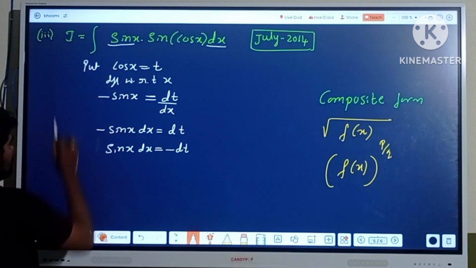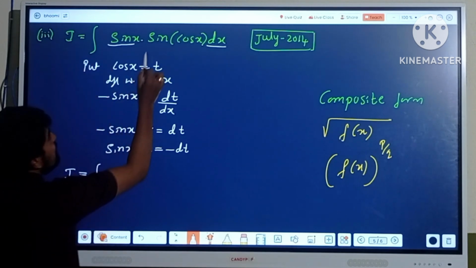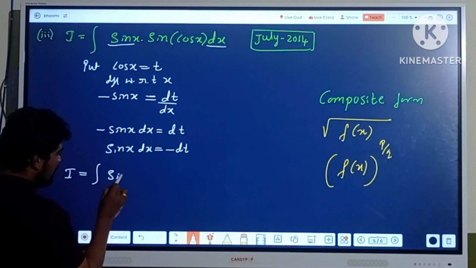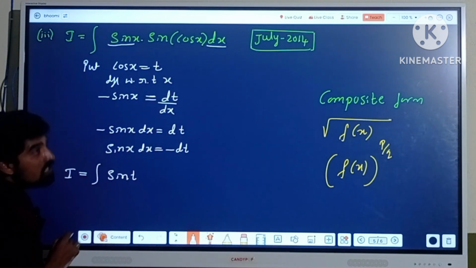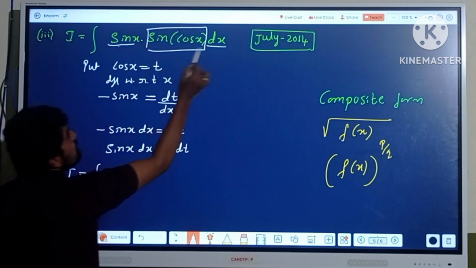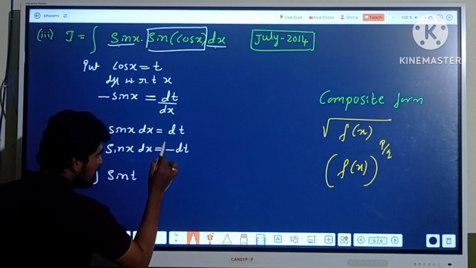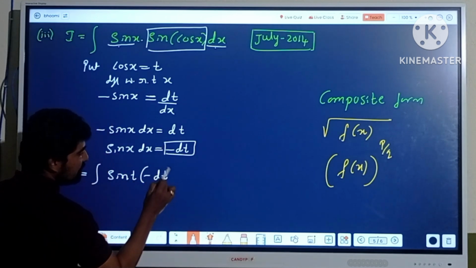By using this substitution, the integral problem I equals the integration of sin of cos x, which means sin t. After this, we still have sin x dx. We know the value of sin x dx by using this substitution is minus dt.